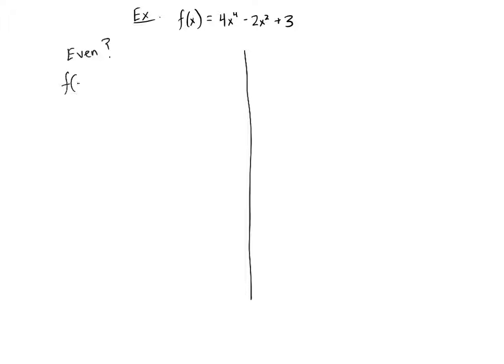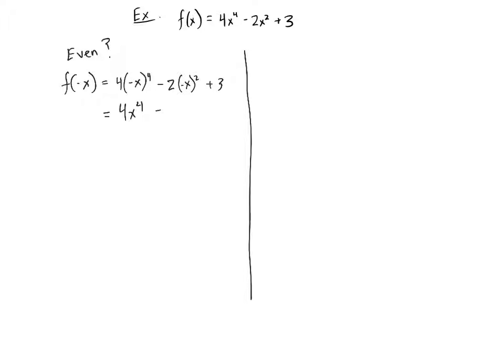F of negative x. So what's negative x raised to 4? Negative 1 times negative 1. 4x to the 4, guys. A negative times a negative times a negative times a negative is a positive.